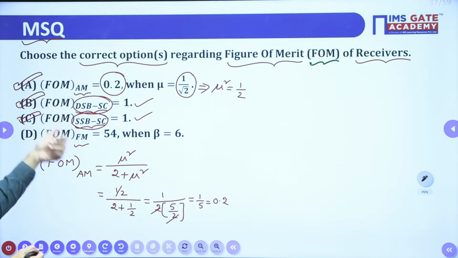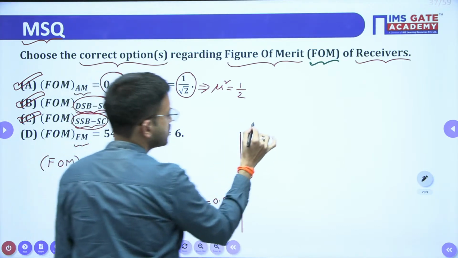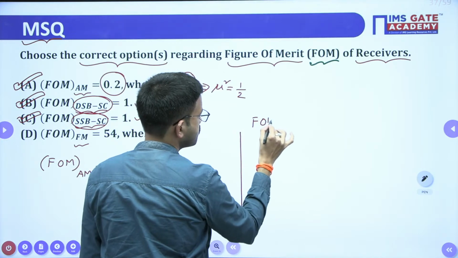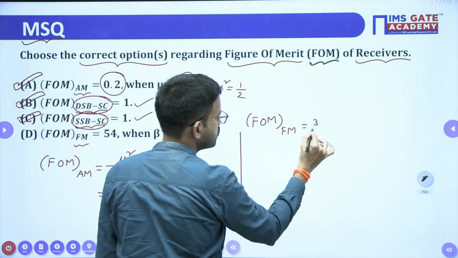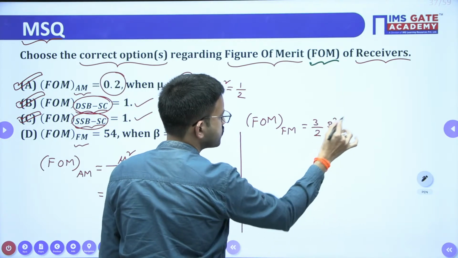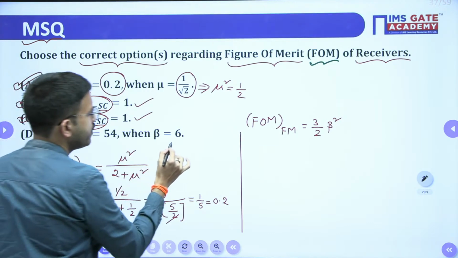Now regarding figure of merit for FM signal, the formula is 3 by 2 beta square. Here they have given beta value 6.